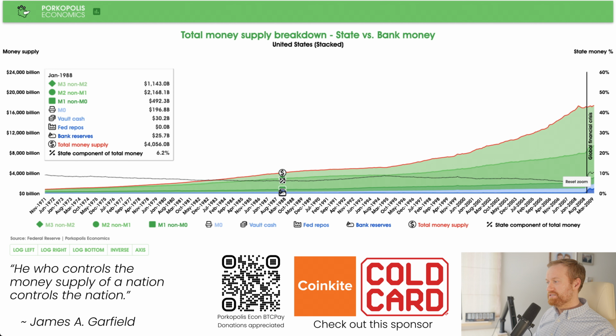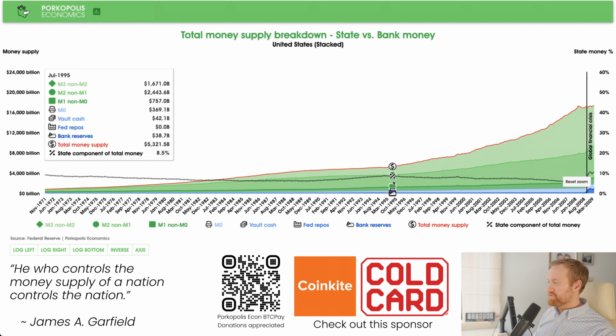Down, down, down. You see bank money and non-bank money as part of M3 is growing. A little bit of a reversal here in the 90s. This is kind of interesting too, because this is actually just about the time that Robert Rubin, Secretary of the Treasury, came in under Clinton. And you remember the narrative pre-global financial crisis is that the banking system was completely deregulated at this point. Actually, state money rose as a proportion of bank money, and you actually see bank money was stagnating here a little bit.